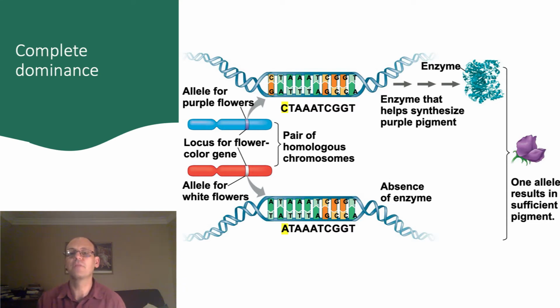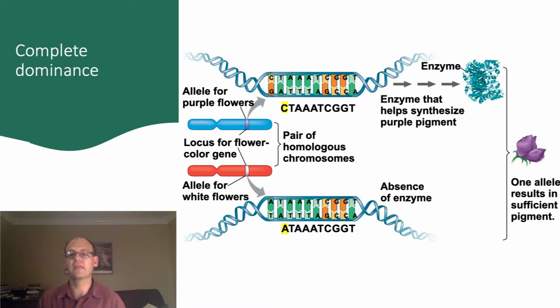However, there are a number of situations in which the heterozygote does not look just like one of the homozygotes. When we looked at how the gene works, we found that the allele for purple flowers codes for an enzyme that is able to synthesize purple pigment. The recessive allele has a genetic difference that causes any protein that's formed to be unable to synthesize that purple pigment.